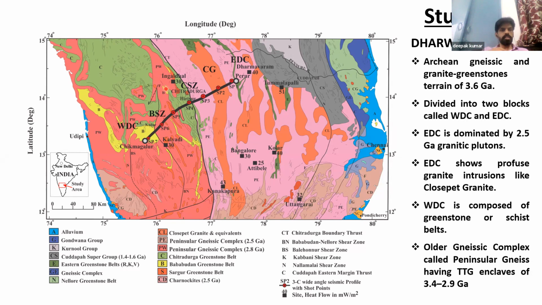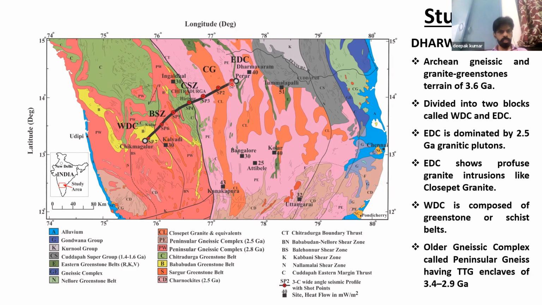Keeping that in mind, Dharwar craton is highly rich in mineral zones, and it has many gold mines. It also has kimberlite formations, which contain diamonds. So from a mineralogical perspective, the study of the Dharwar craton is very important. That is why lots of geophysical and geological studies have been conducted here.